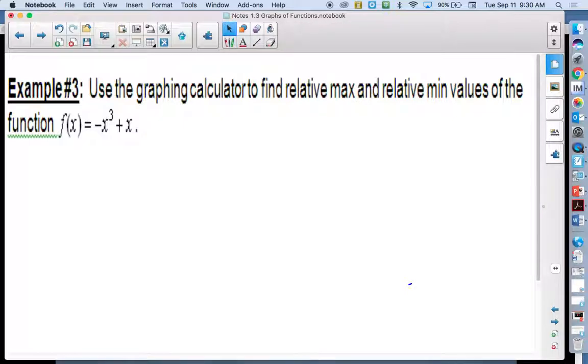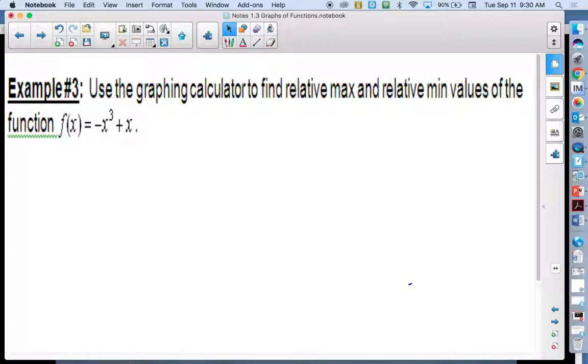Right now, there really isn't any other way for us to find a max and min, a relative max and min, without using the graphing calculator. Next year in AP Calc, you will be finding those values. So there's things about integrals and derivatives and how they help you find information with the graph. But just a little review with your graphing calculator. So we have negative x cubed plus x.